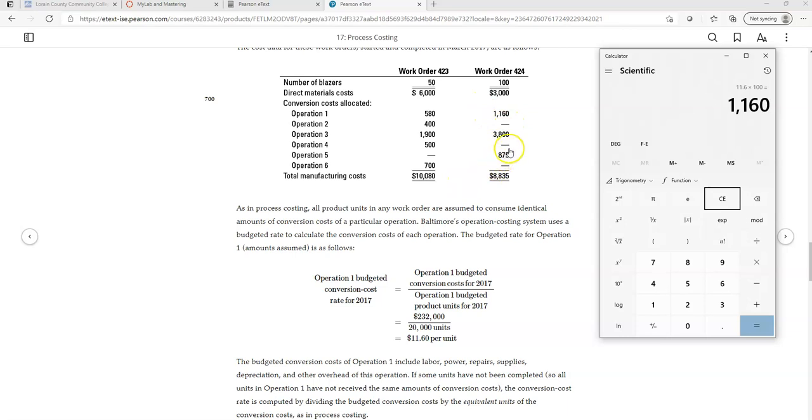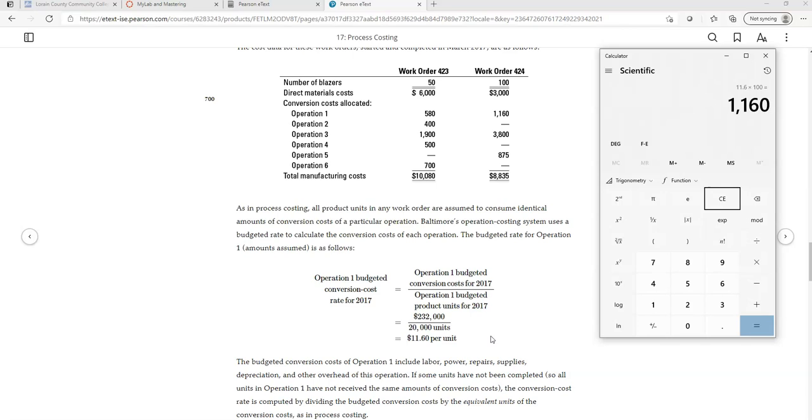Now we don't have the budgeted overhead or the conversion cost rates for operations 2, 3, 4, 5, and 6, but they're going to follow a similar pattern. Each operation is going to have its own conversion cost rate for the year 2017.